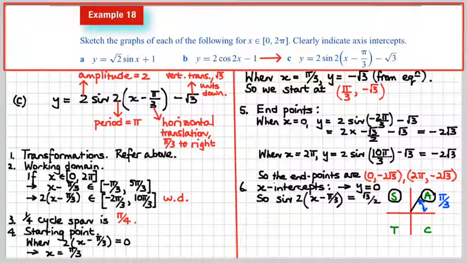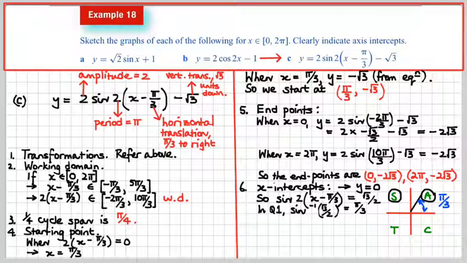So we've got to work within this working domain to capture the equivalent angles in quadrants 1 and 2, first going backwards down to minus 2/3 of pi, and then going forwards round to 10 pi on 3, which is 3 1/3 pi.